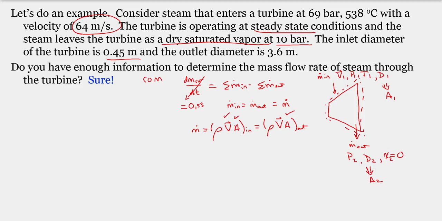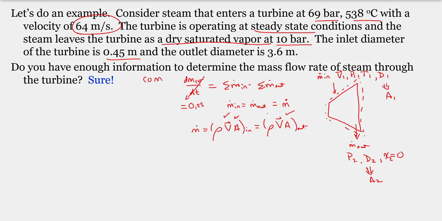At the entrance state here, we look and we say, that's pretty high pressure, that's a high temperature condition. I'm going to guess, and it's a really good guess, that we're in the superheat region, in which case pressure and temperature are independent and all the state parameters are known. At the exit state, I have the quality and the pressure, so I know that state is fully defined. Those are always unique parameters.